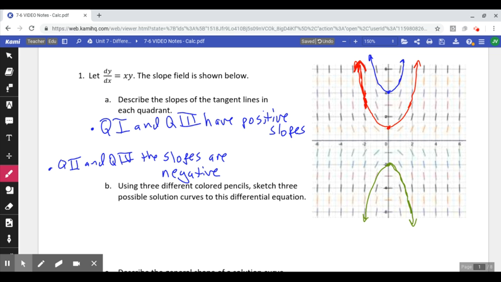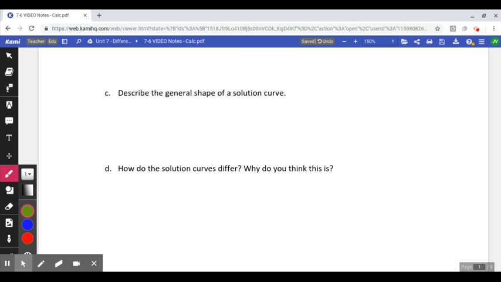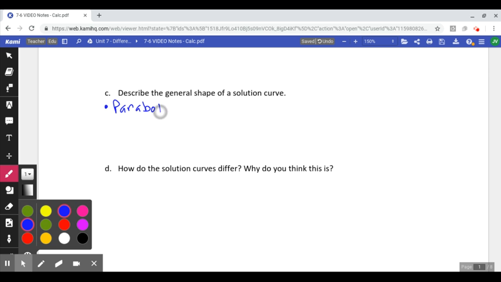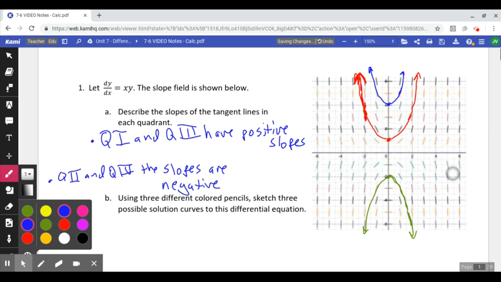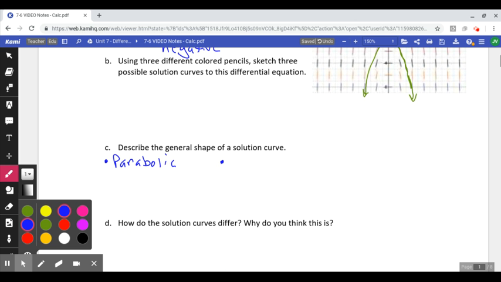Actually, in part C, it says describe the general shape of a solution curve. So maybe we should do that here. Couple of bullet points: we could say that they look kind of parabolic. That doesn't mean it's a quadratic solution to the differential equation; that's just the shape of the graph. We can also say that the red and the blue graph look like vertical shifts of each other, so they're maybe shifted vertically.